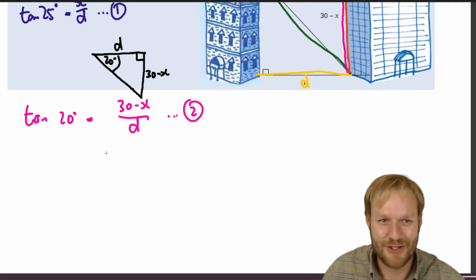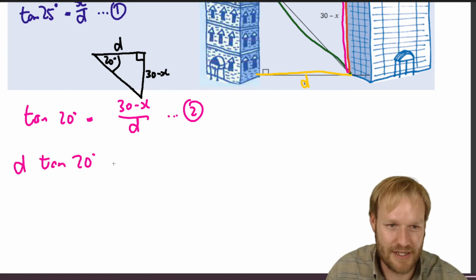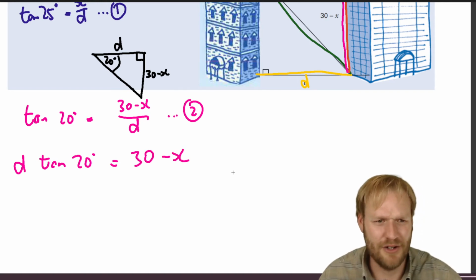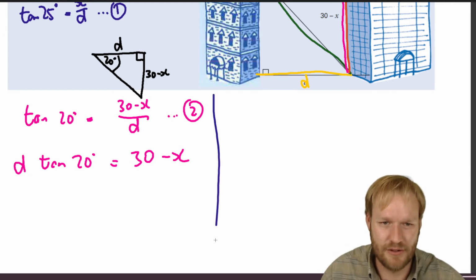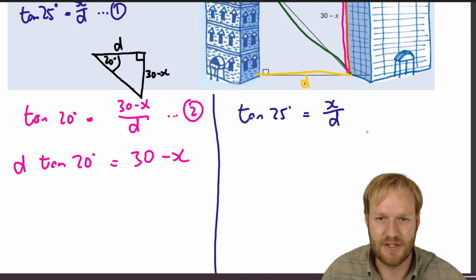So if we've got this equation, I'm going to stick with it and multiply both sides by d. d tan 20 degrees equals 30 minus x. Okay, I don't know if that really helped us, but maybe in the other equation, I like to have them side by side. tan 25 equals x over d.